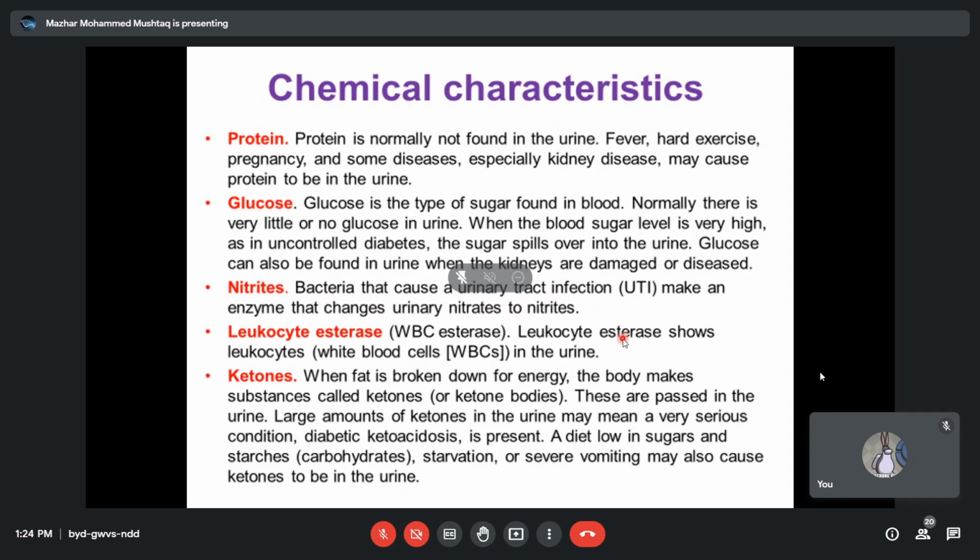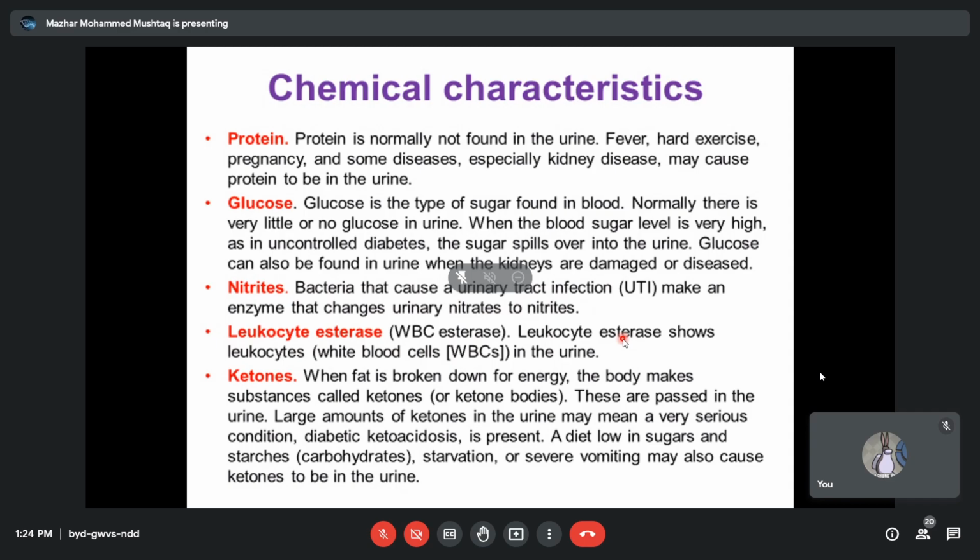So that is an indicator of some more infection going on, or some more leakage of WBC in the urine. Maybe it can be along with the RBC, or it can be just the infection.